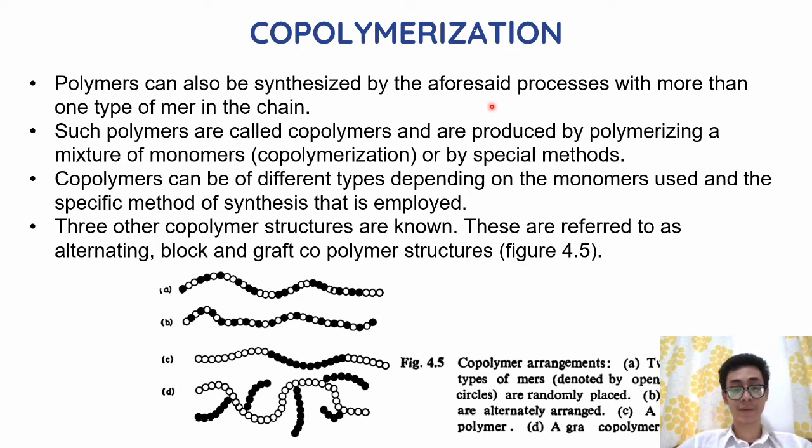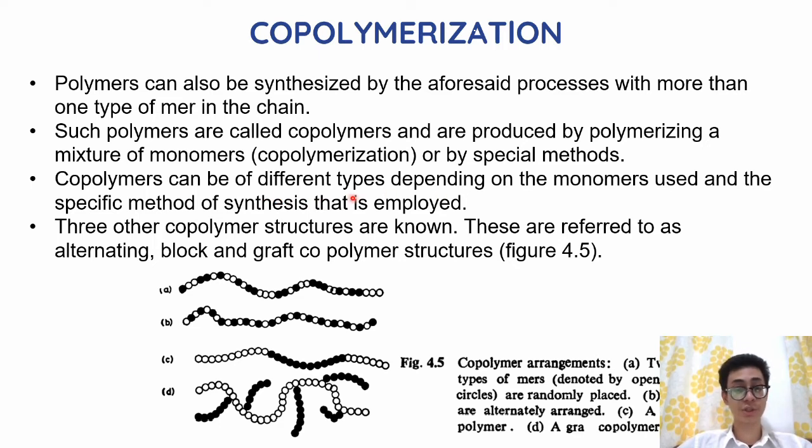Copolymerization. Polymers can also be synthesized by the aforesaid process with more than one type of mer in the chain. Such polymers are called copolymers and are produced by polymerizing a mixture of monomers, called copolymerization, or by special methods.